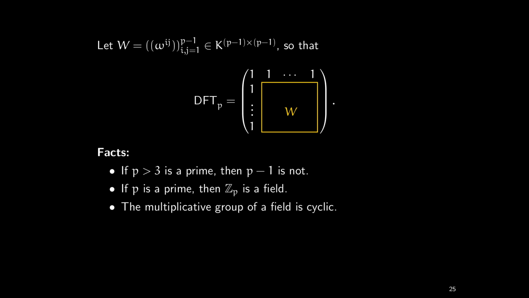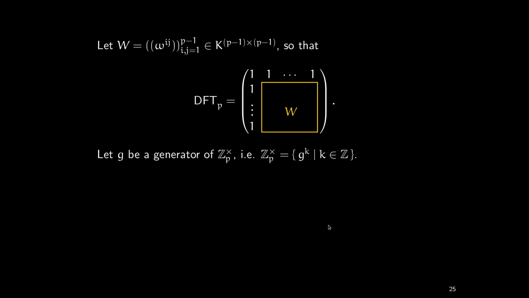So that means there is a field element, so that every other field element can be written as a power of this element. Okay, this is what we will use here. So such an element is called a generator. I'll call it G. So let G be a generator. So that means this is the notation for the multiplicative group.